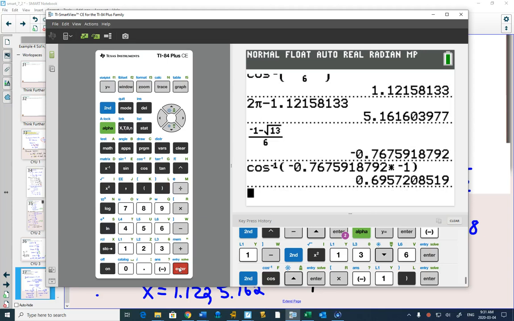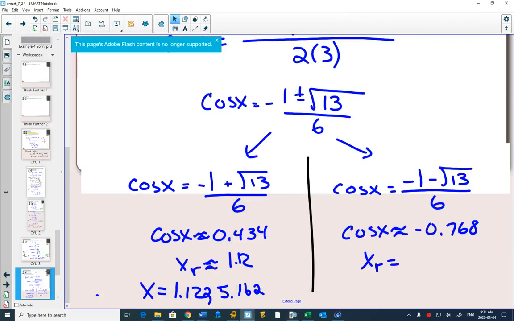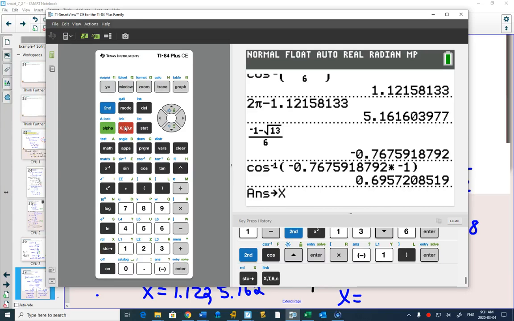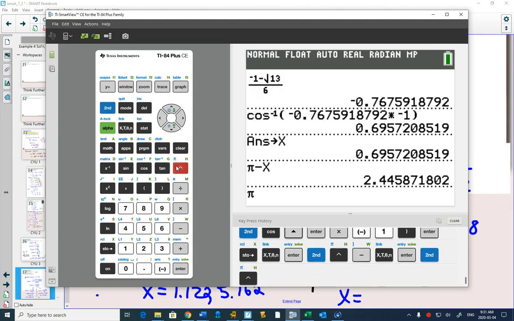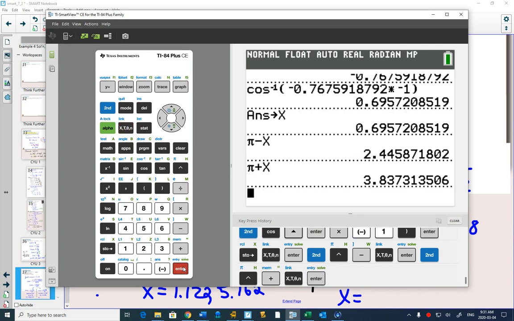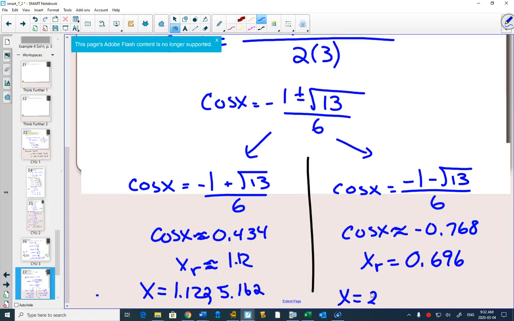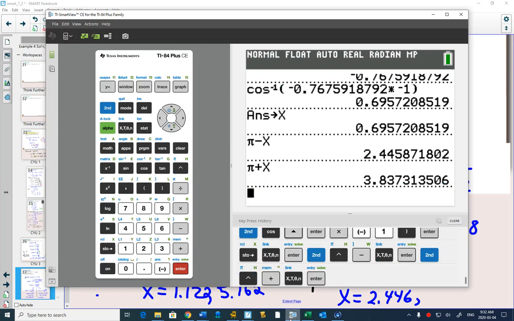My reference angle is 0.696. I'm going to store that as x. Now I have my reference angle stored as x. Cos is negative in quadrants 2 and 3. So 2.446 and 3.837.